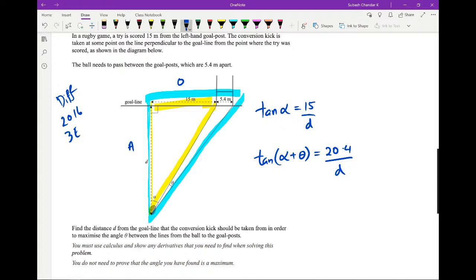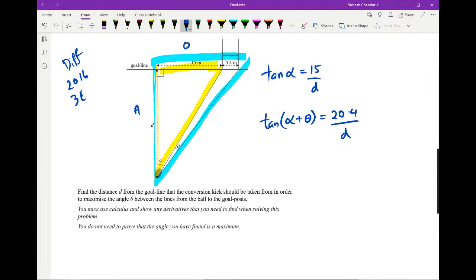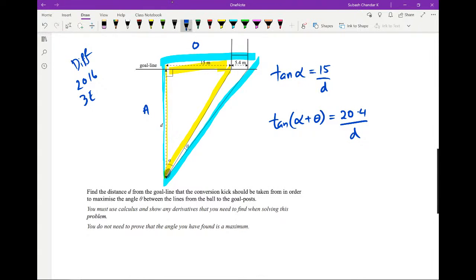Let me show you guys what these guys have tried to do, all right? So what these guys try to do was they actually try to prove, they actually did it like this. Tan theta could be written as tan alpha plus theta minus alpha.